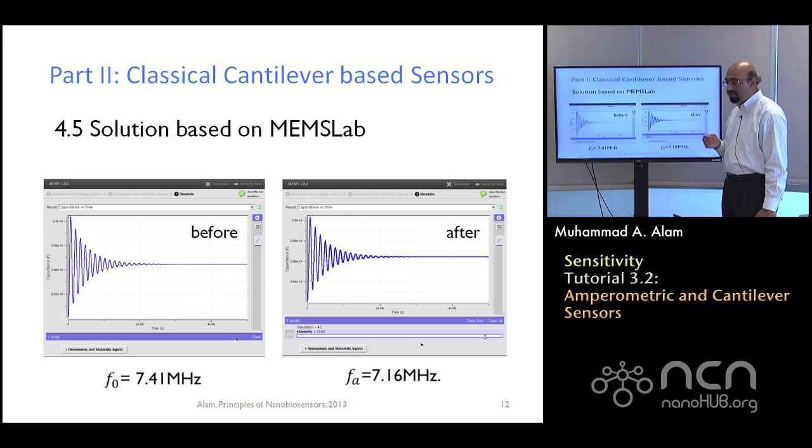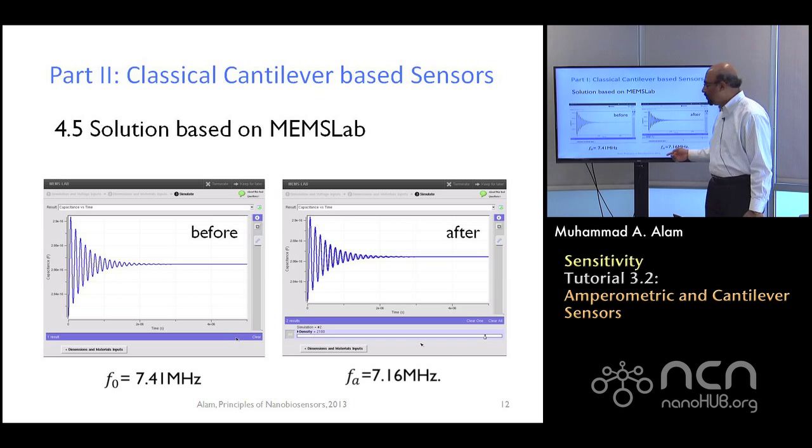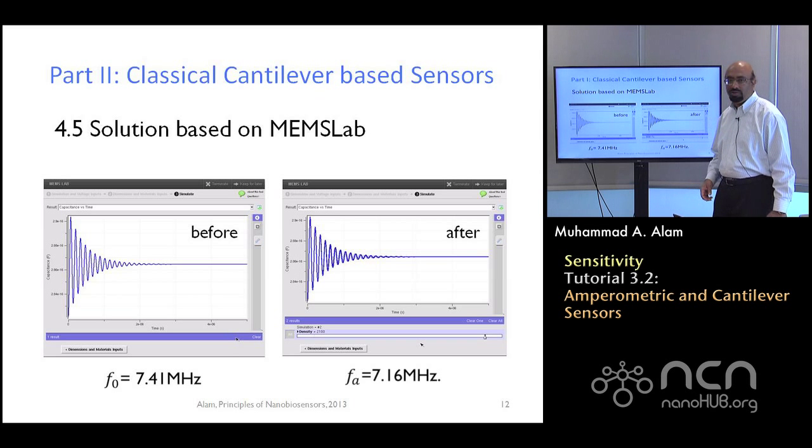Remember, the delta M effect is always negative, 7.16 megahertz, about 300 kilohertz or so change. So you can do these simulators if you want more sort of quantitative answer. But other than that, these qualitative answers that we discussed previously, most of the time will get you the right ballpark.